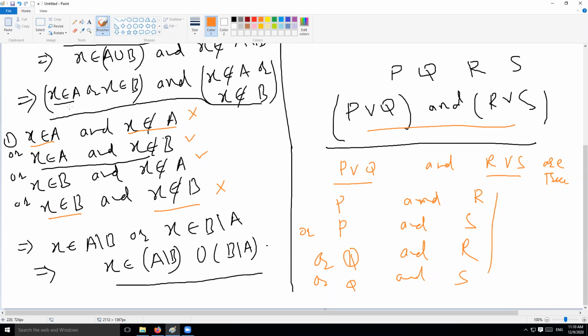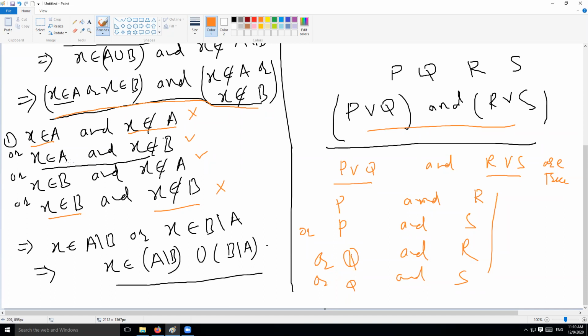And now think about it. Don't we have the same kind of statement here? Two OR statements. So there can be only four possibilities under which this entire statement can be true. In other words, X belongs to A is true and X does not belong to A is true.